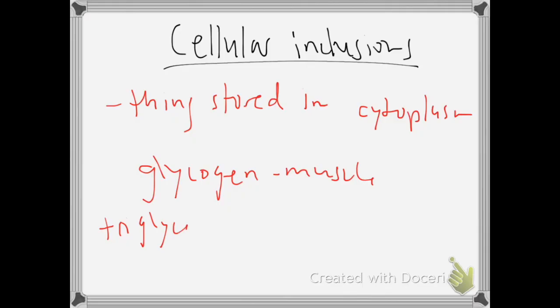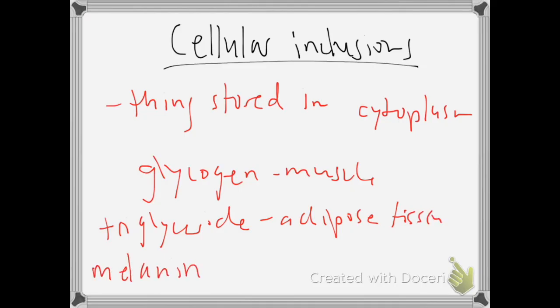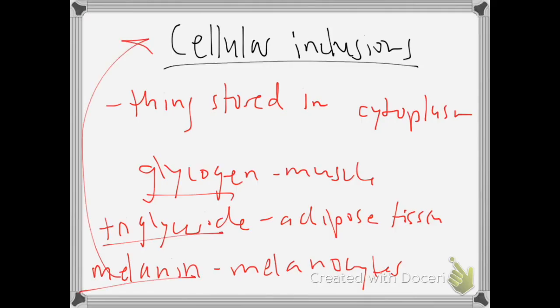Triglycerides are cellular inclusion in adipose tissue. Melanin is a cellular inclusion in melanocytes or skin cells. All right, those are all good. So all three of these, which is glycogen, triglycerides, and melanin, these are the cellular inclusions.